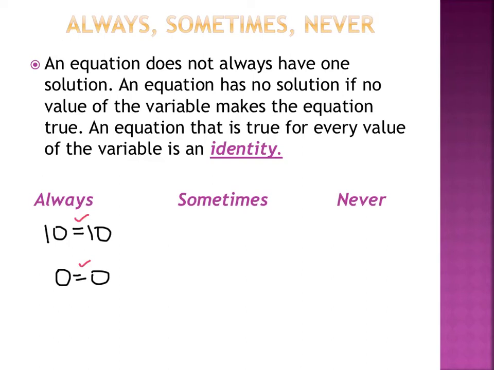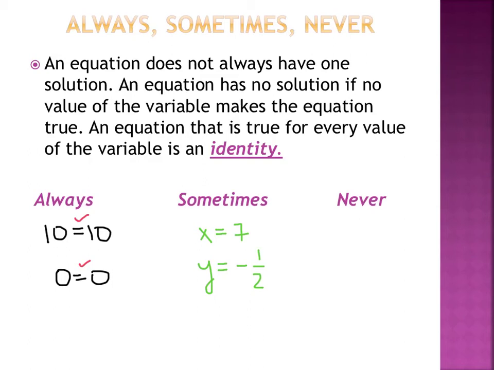Sometimes solutions are when you solve for your variable and you actually get your variable isolated down to just one number. That means that only that particular number is a solution, so it's sometimes true when my solution is just that value. Never is whenever I get a statement that is not true at all.